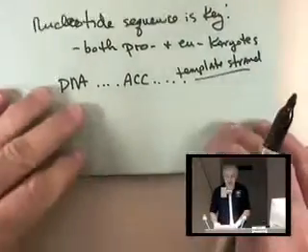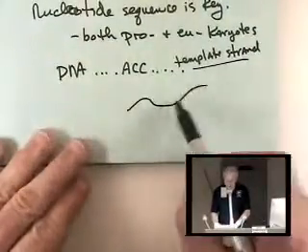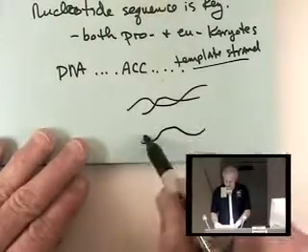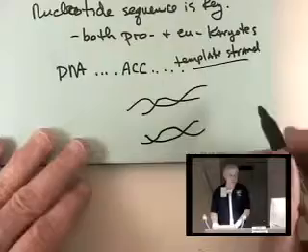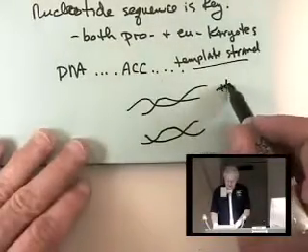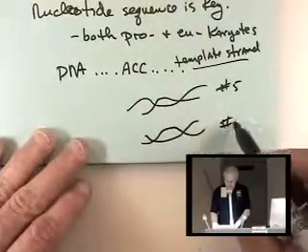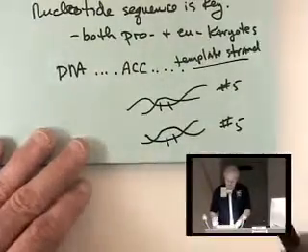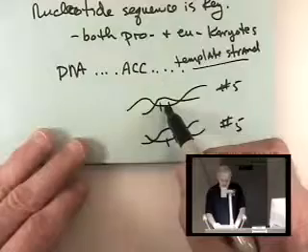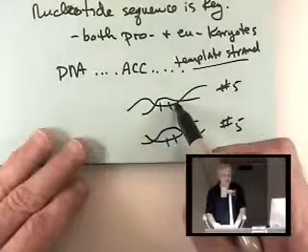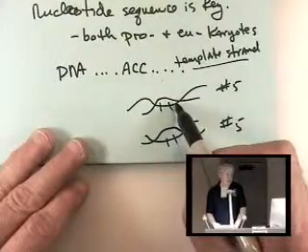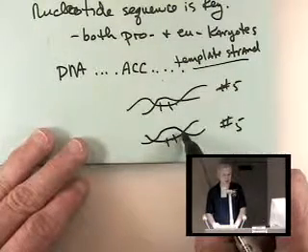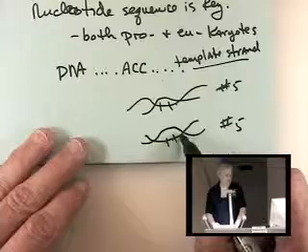So remember, for each gene, we have two homologous chromosomes. There's one double helix, and we have another double helix. This might be chromosome number 5 or something like that, and there's some gene on it. This is the template strand for the gene on this maternal chromosome. This is the template strand that's used to make the RNA on the paternal one.